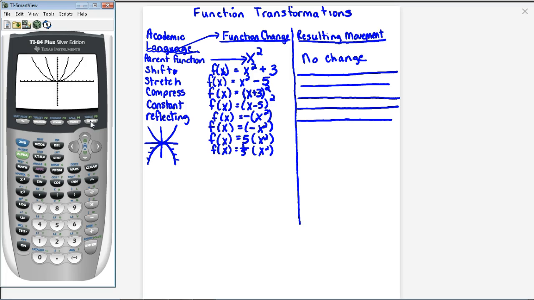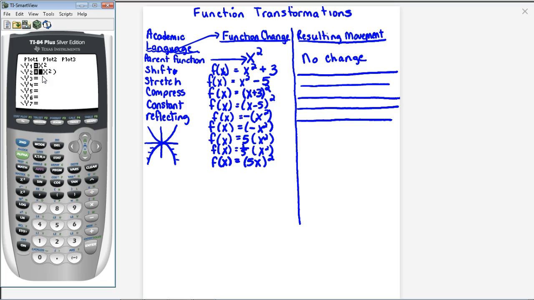We can also do horizontal stretching and horizontal compressing by moving those numbers to the inside of the function, which actually, so like if we put 5 here times x, and then that whole thing squared, okay, and as per usual, it's probably going to do something different when we move that number to the inside.